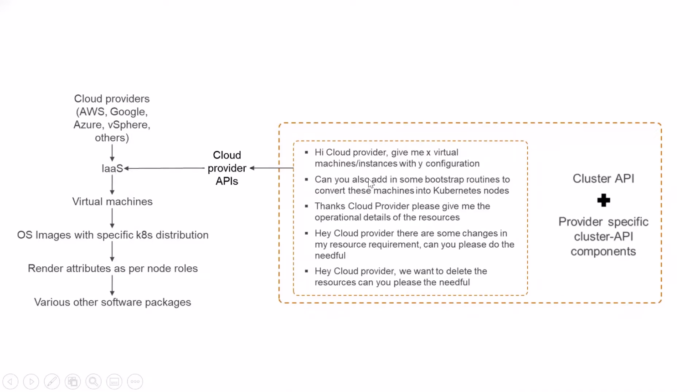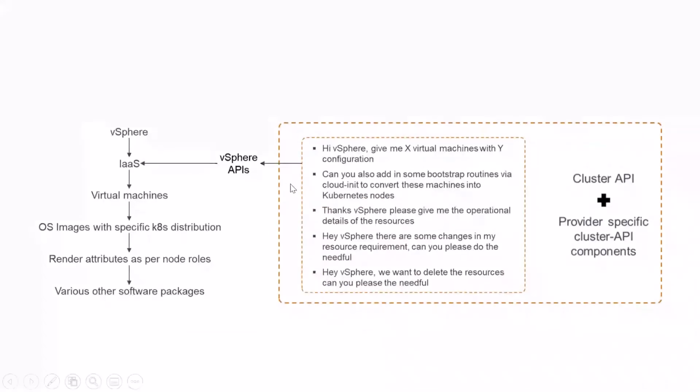So let's now talk specifically about vSphere, because we are trying to deploy EKS Anywhere on vSphere. In that case, the infrastructure as a service provider is vSphere. vSphere has its own APIs, plus VMware has also built its cluster API extensions for vSphere, which is called CAPV.